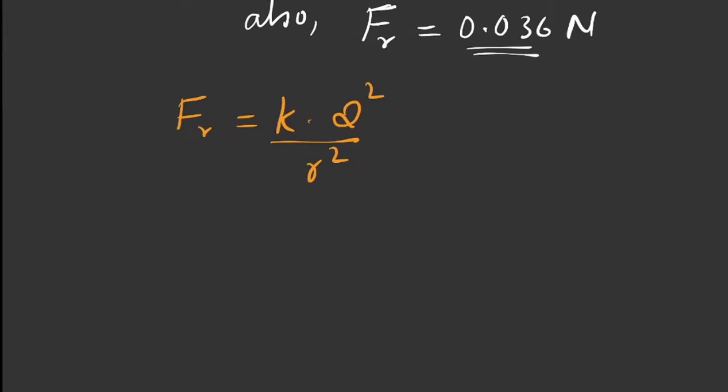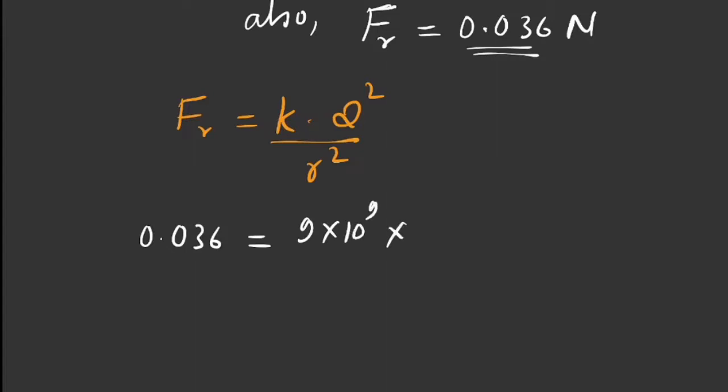Now let us calculate this. Fr is given, the distance between them is given, and we have the Q value. Let us put the values here. Fr is 0.036 is equal to, what is the value of K? K value is 9 into 10 to the power 9, into, now what is Q?